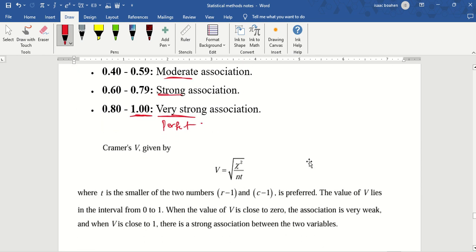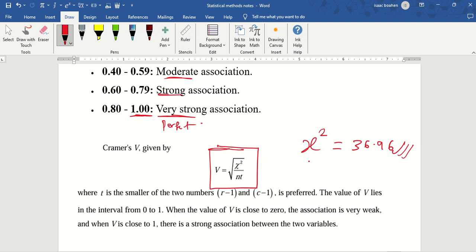Let's move on. This is the formula for finding Cramer's V, which will be used to determine the strength of the association. That's the formula. This is just the chi-squared value. We have already calculated the chi-squared value. And what did we get? That was 36.96. This is our chi-squared value.